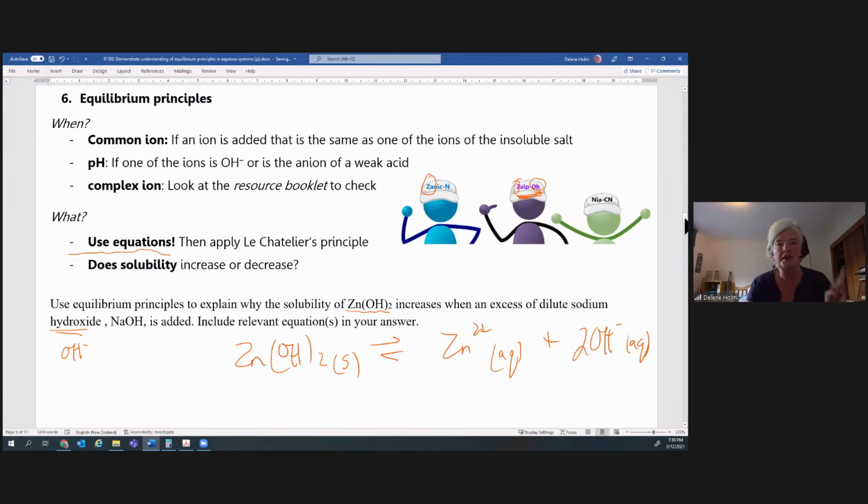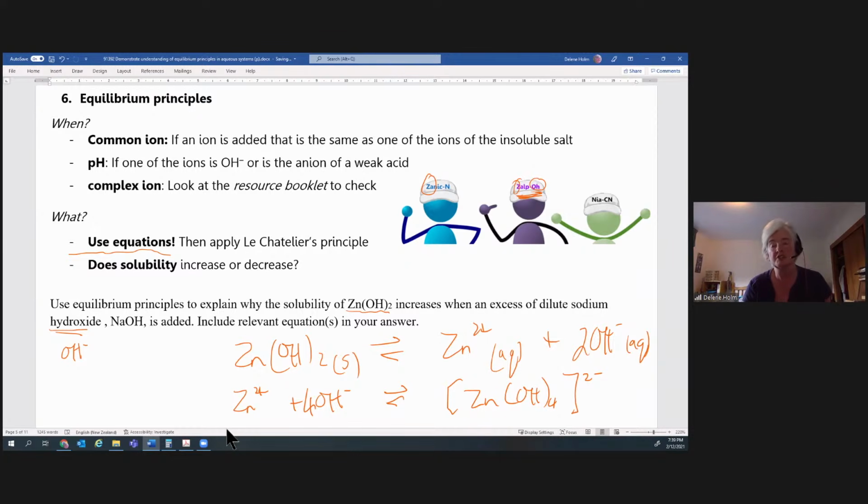And so you know if you add OH minus, then you're going to have your zinc 2 plus, your OH minus. Now you would go and look it up in the resource booklet. You would then write Zn(OH)4 2 minus. Make sure you copy it down correctly, and then you do a balancing to make sure you've got the 4 in front. So that's perfect.